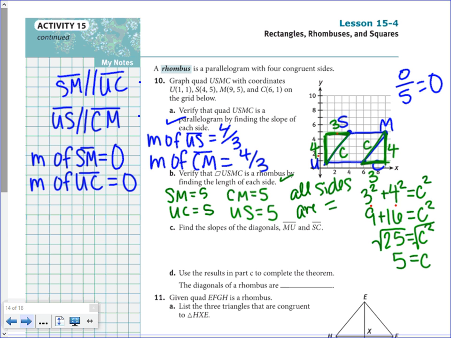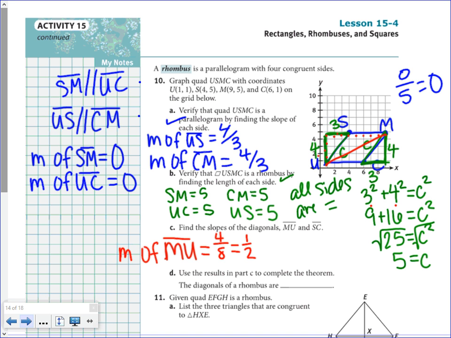Now we're going to look at the slopes of the diagonals. So the slope from U to M, you're going to go up 4 and then to the right 8. So the slope of MU, 4 over 8 reduces to 1 over 2.